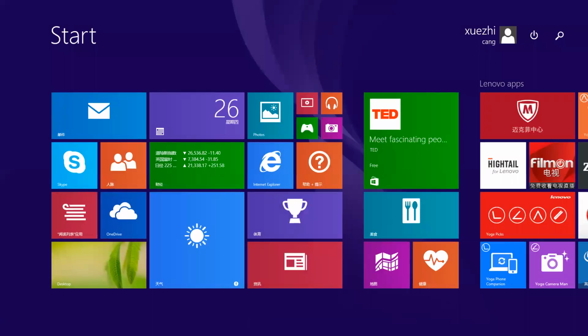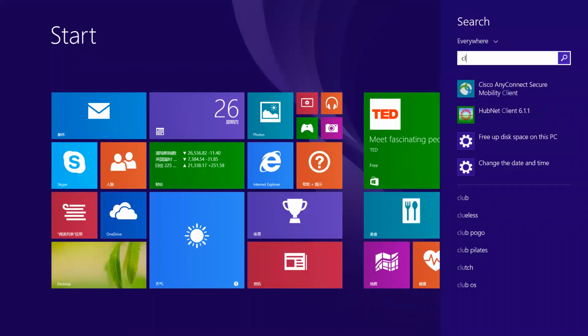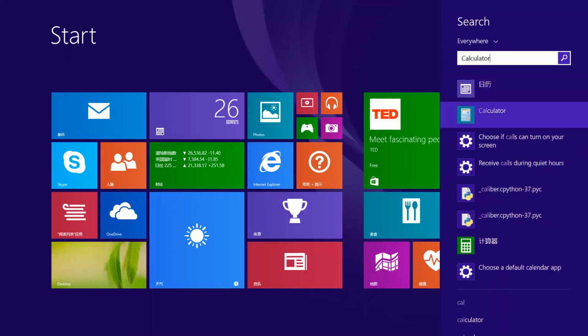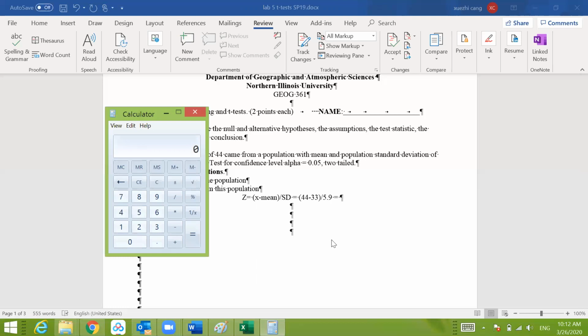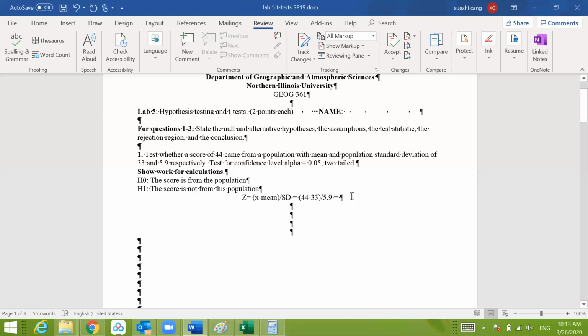I will use the calculator for this. 44 minus 33 is 11. 11 divided by 5.9 is 1.86.